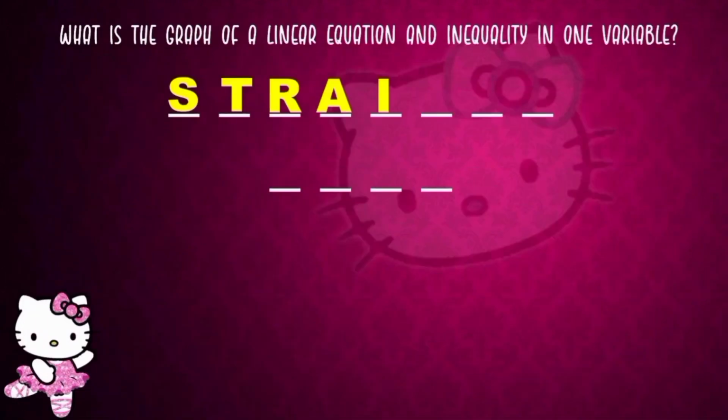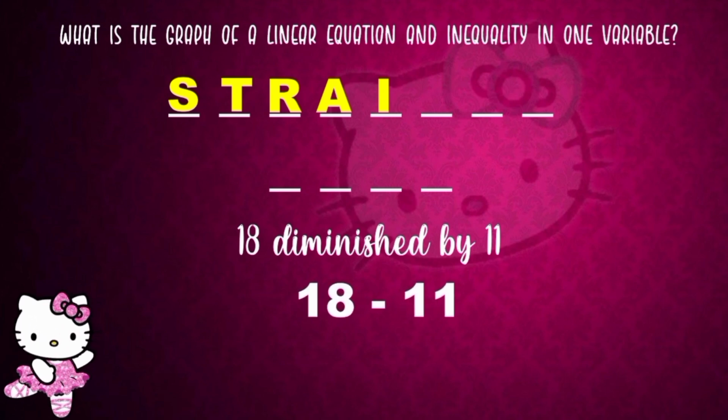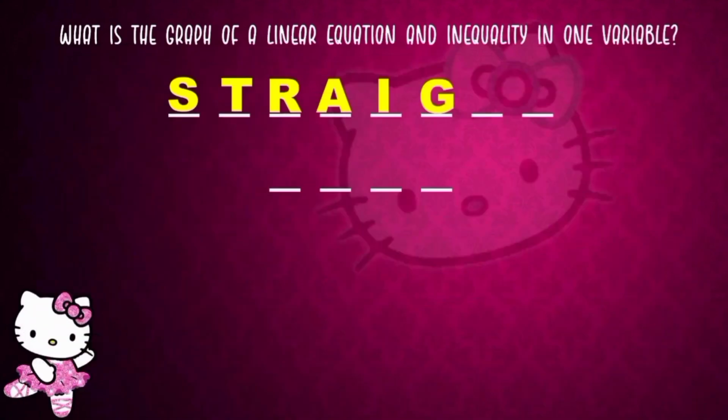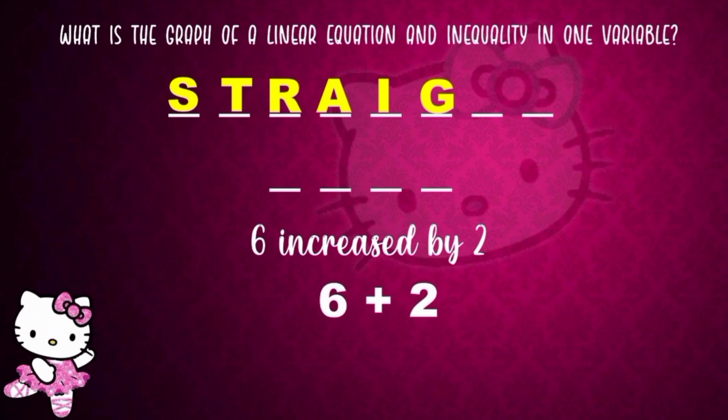Next we have 18 diminished by 11. That is 18 minus 11 is equal to 7. And the 7th letter in the alphabet is letter G. The next expression is 6 increased by 2. 6 plus 2 is equal to 8.